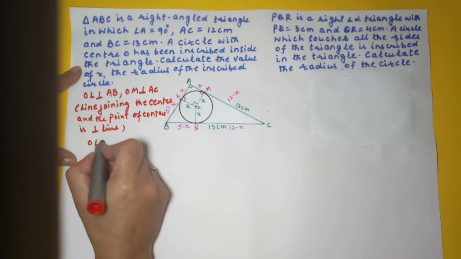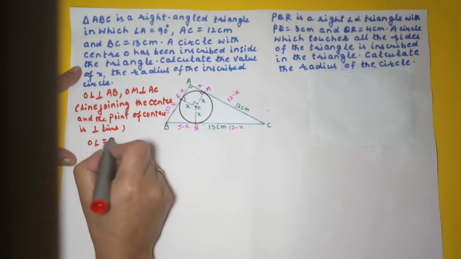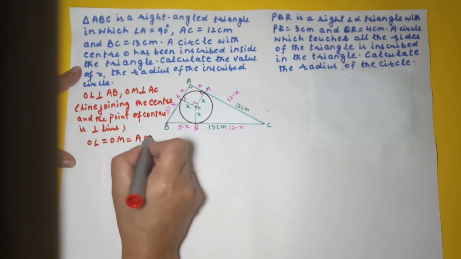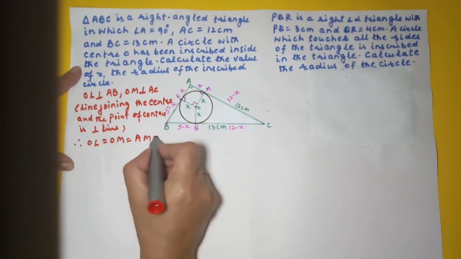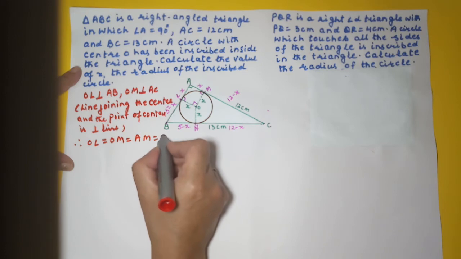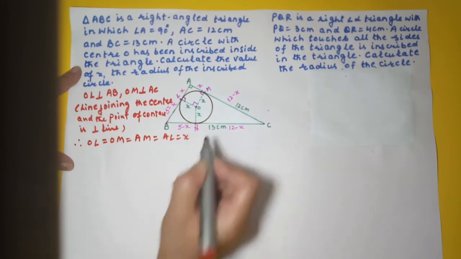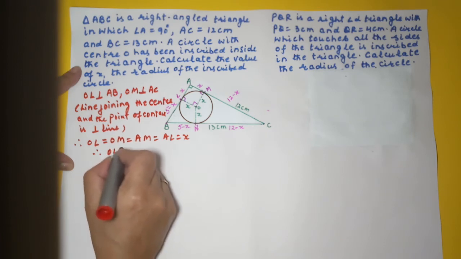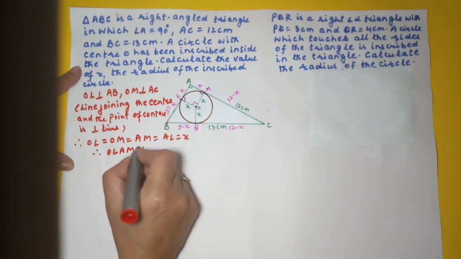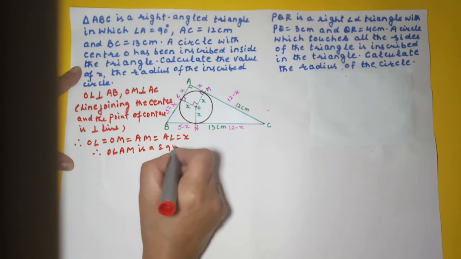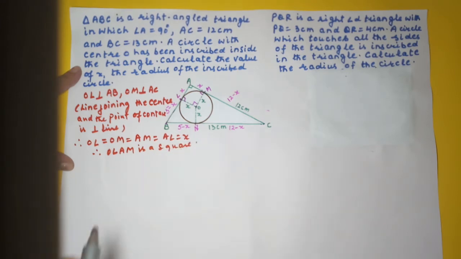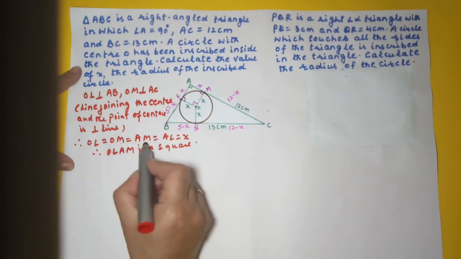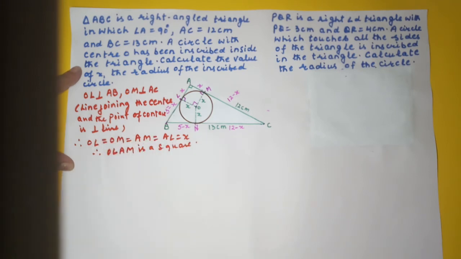Then we can say that OL is equal to OM is equal to AM, therefore is equal to AL is equal to X, right? Therefore OLAM is a square, right? So actually OLAM is a square, that is why OL equal to OM equal to AM equal to X. Okay.